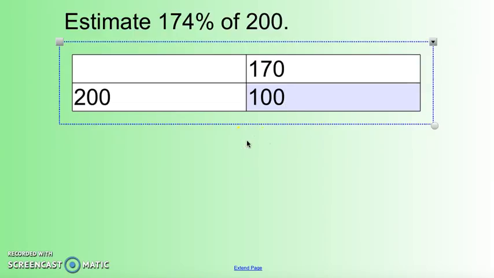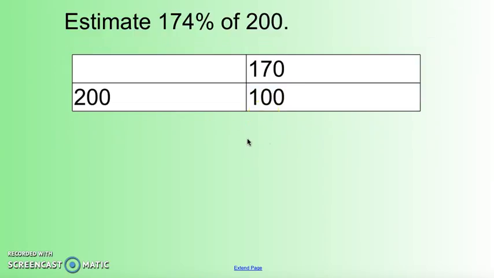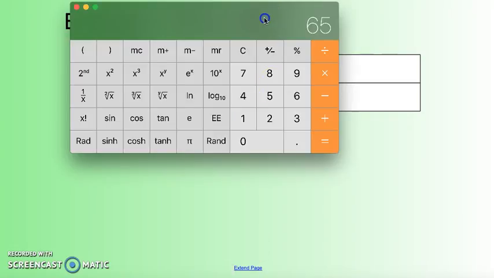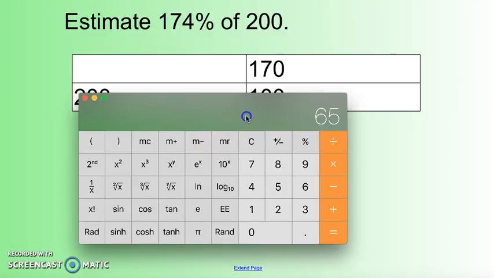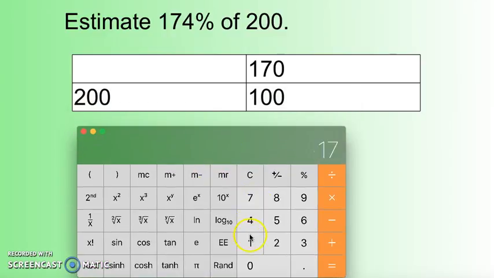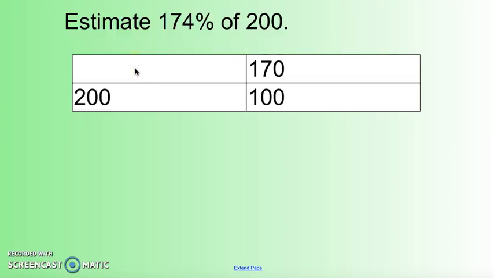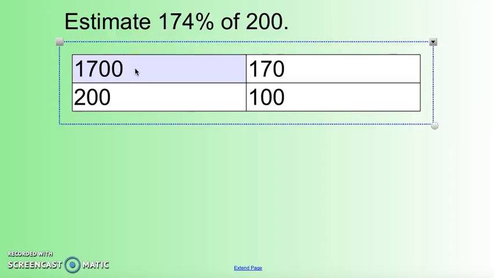Now, honestly, if you're having a really hard time with this, then set it up as your estimate and just do what we did before. Multiply. Okay, so do your diagonal and go 170 times 200 divided by 100. You would still get back to the answer that we need, and the answer is 170.